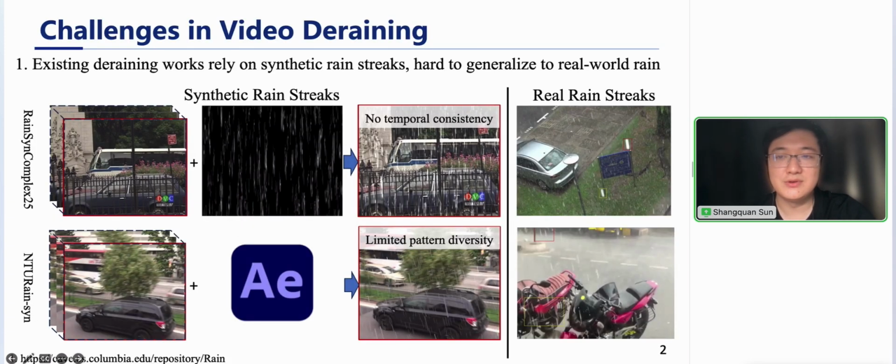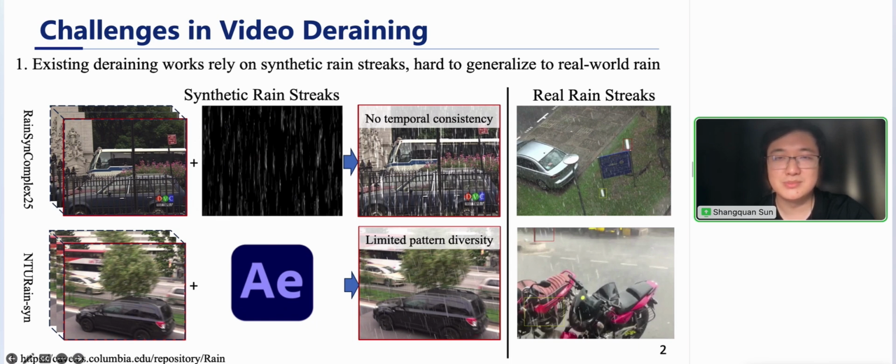Video deraining focuses on removing rain streaks passing through the camera. The existing learning-based deraining works rely heavily on synthetic datasets consisting of simulated rain patterns. The simulated rain patterns either come from the rain layers captured by Columbia University's CAVE lab or the automatic simulation of Adobe effects.